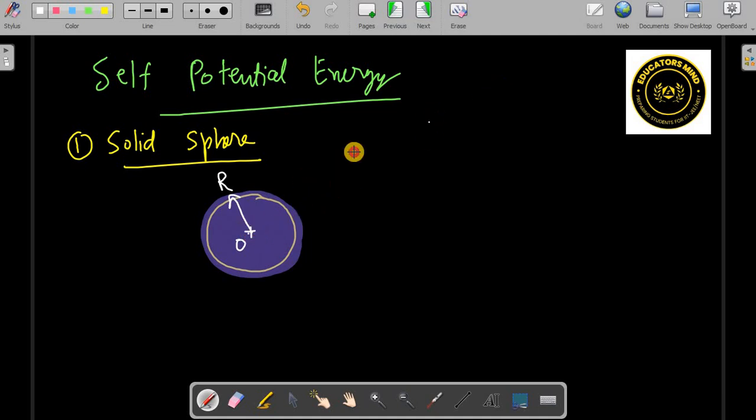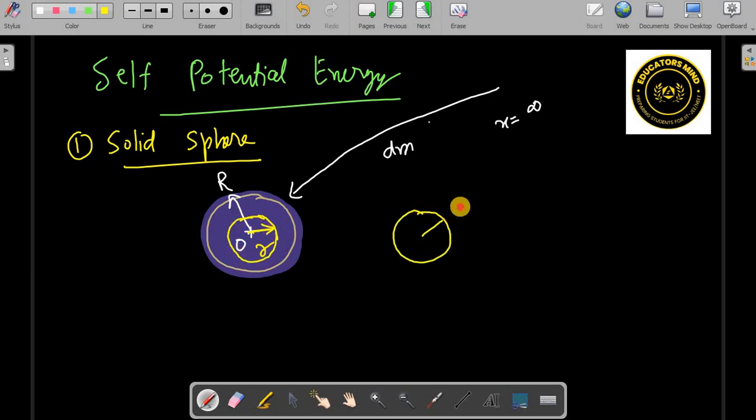Initially there was no mass, and you are bringing small masses from infinity and building up its radius. Let's say at a given instant its radius is small r.